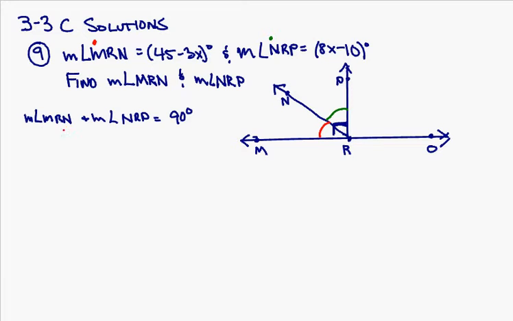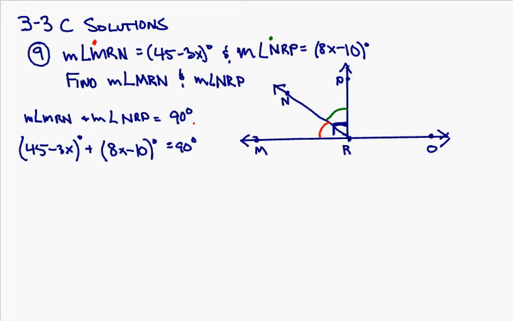Now we simply replace the measure of angle MRN with 45 minus 3x degrees plus 8x minus 10 degrees equals 90 degrees.